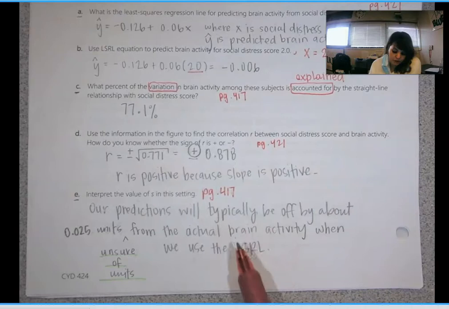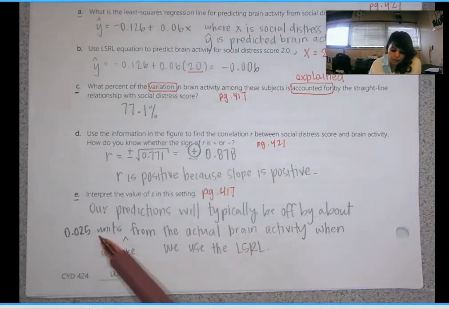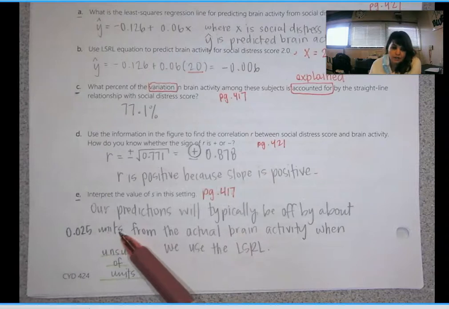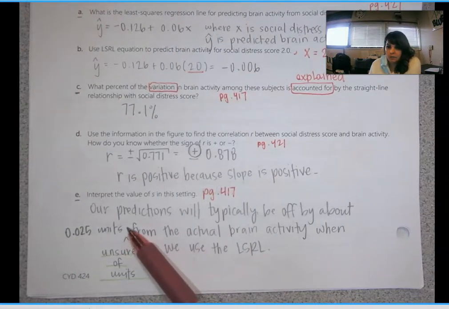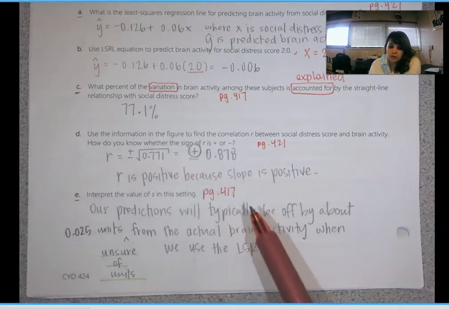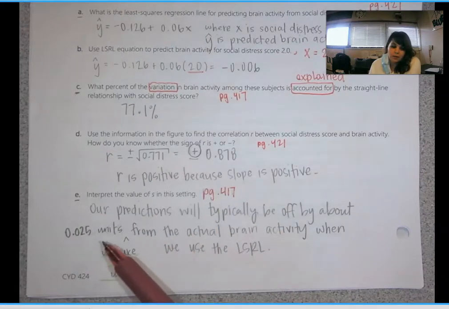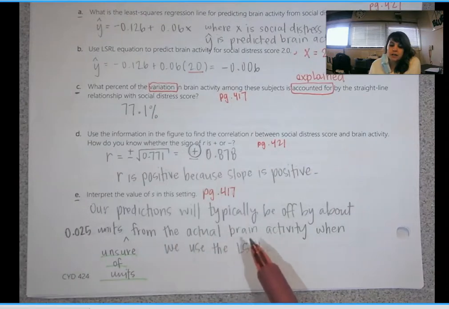So our predictions will typically be off by about 0.025 units. I just wrote the word units here because the problem didn't really specify what the units are, if there are any. So our predictions will typically be off by about 0.025 units from the actual brain activity when we use the LSRL.